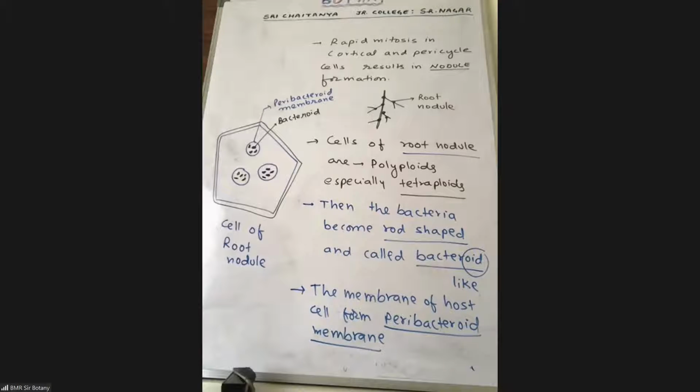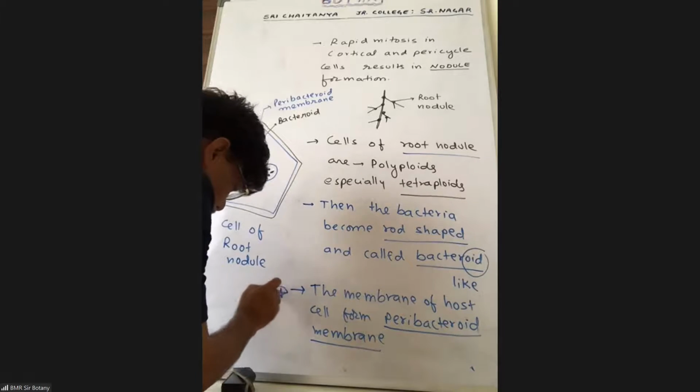Got the idea? Peritrichous bacteria, could you recollect? With flagella all over the surface, all around. So peribacteroid membrane: who forms it? The membrane of the host. This is another important thing.